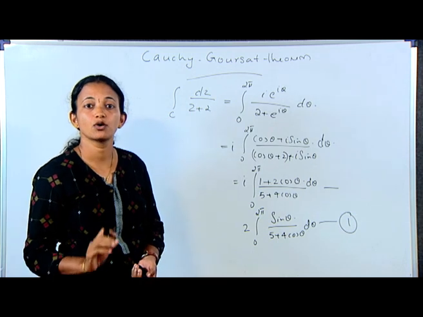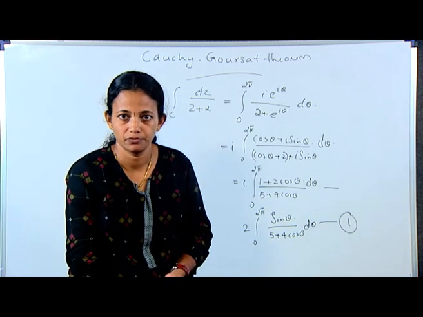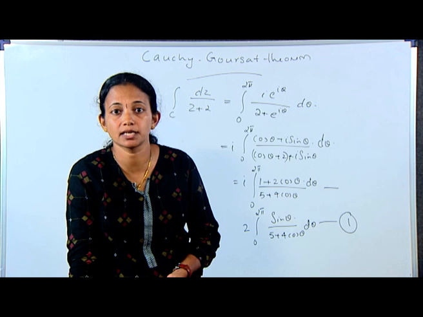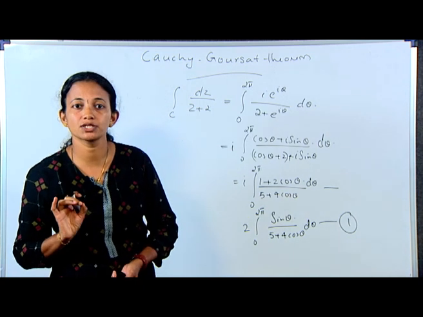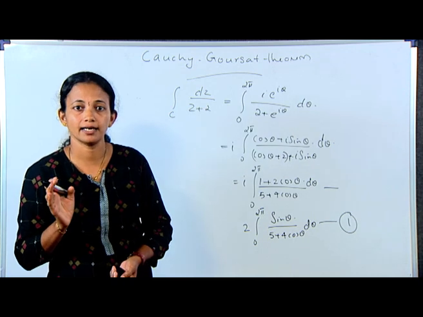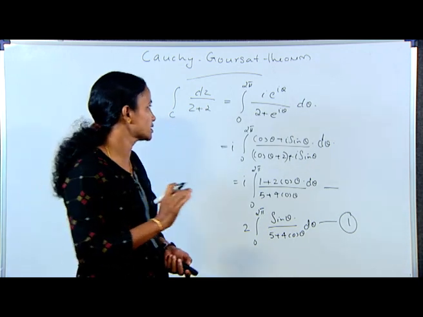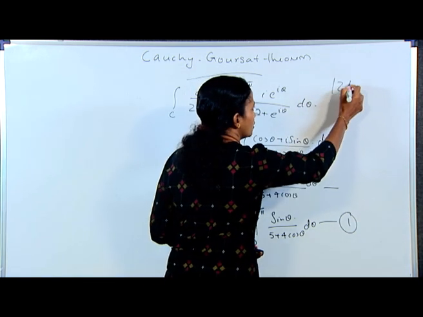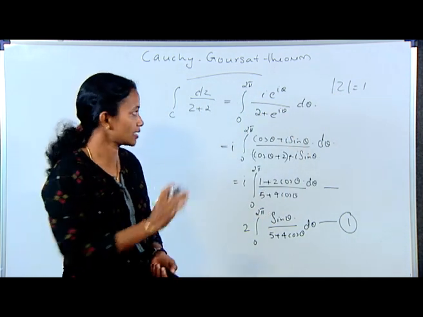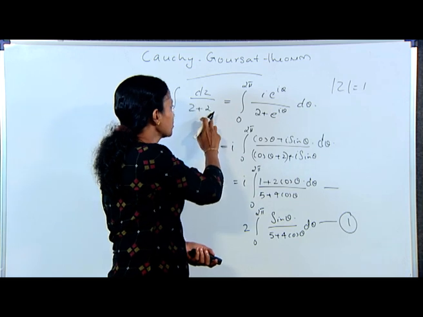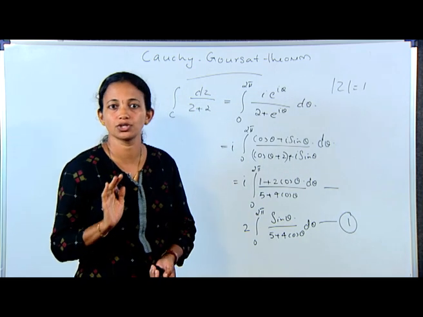But by the Cauchy-Goursat theorem, we have the integral over c of dz by z plus 2 equal to 0, as 1 by z plus 2 is analytic in and on the circle mod z is equal to 1.